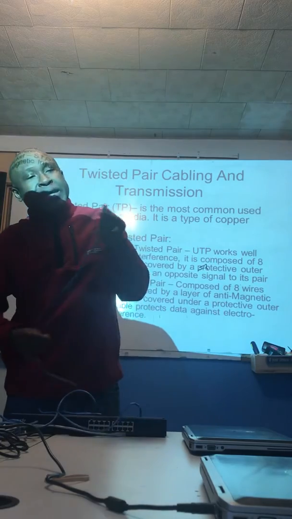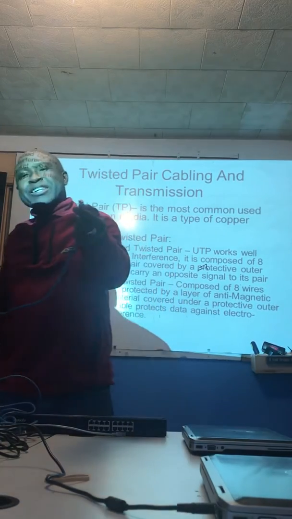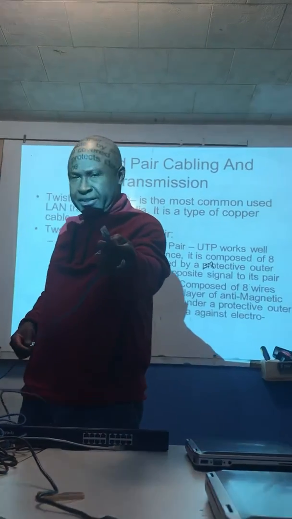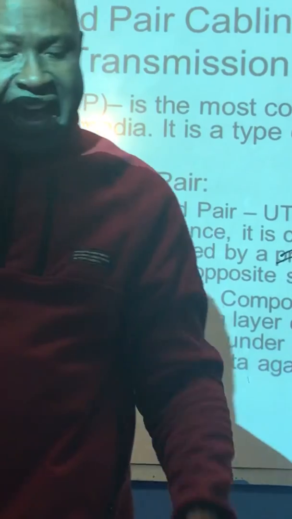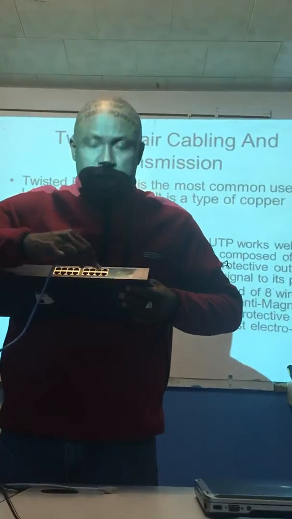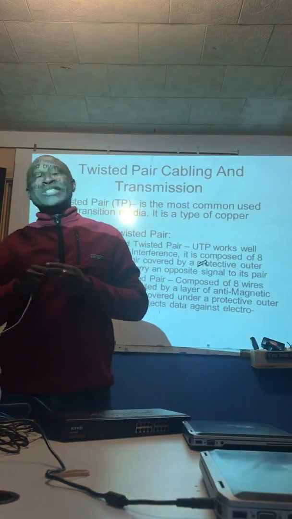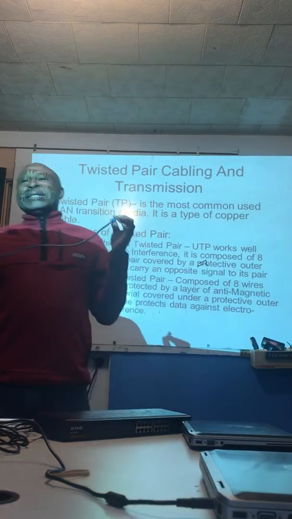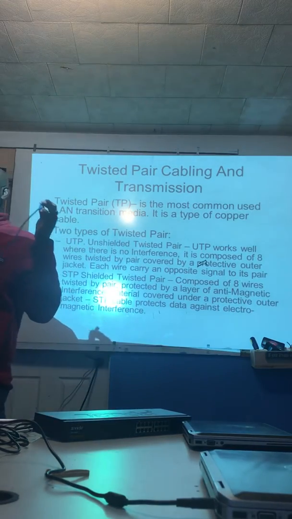And on the end of the cable, we have the RJ45 connector. The RJ45 connector is designed for the RJ45 port. The RJ45 looks exactly like a telephone jack. However, the telephone jack is designed for only 4 wires.